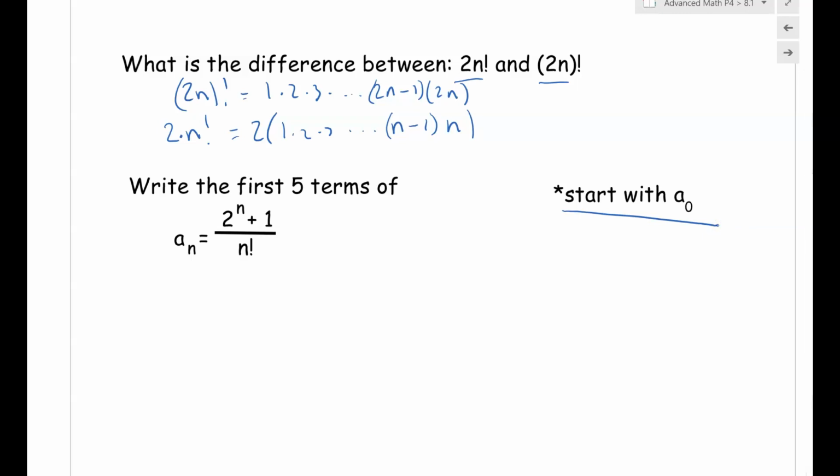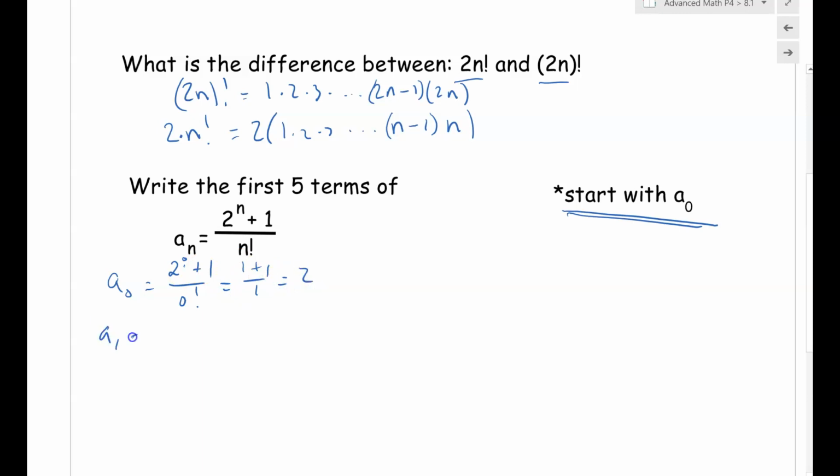If you're in physics, you know that v sub 0 is the initial velocity. So a lot of times we use that same kind of terminology here with our terms. A sub 0 is the initial term. So we start with 0, and especially we do that with factorial stuff. So I'm just going to plug in. All right, and we get 2 to the 0 plus 1 over 0 factorial. Well, what's that? So 2 to 0 is 1 plus 1 over 1. So that's going to be 2 over 1, or just 2.